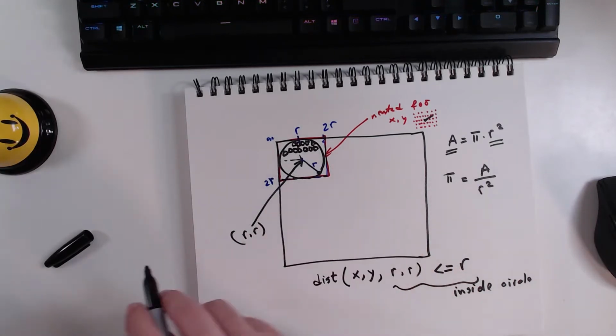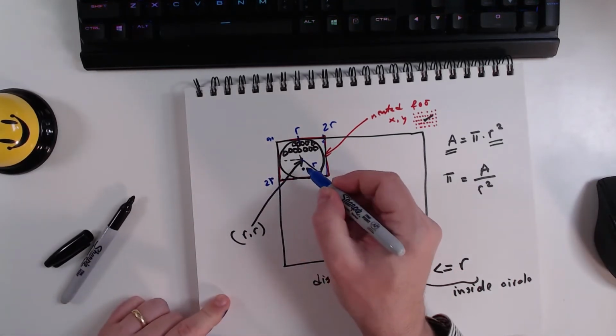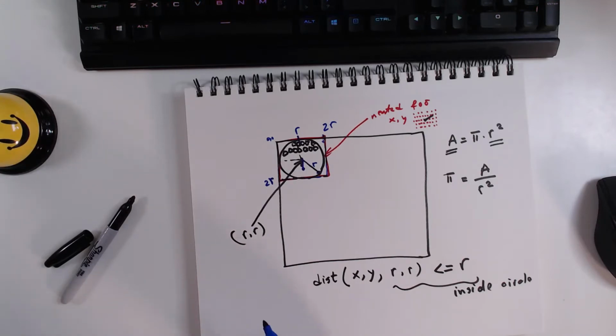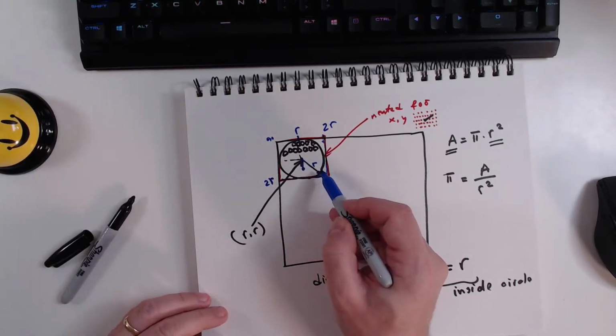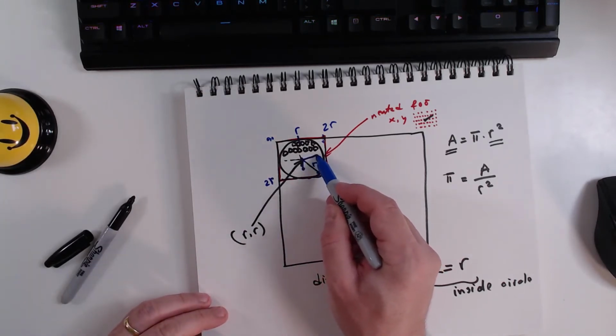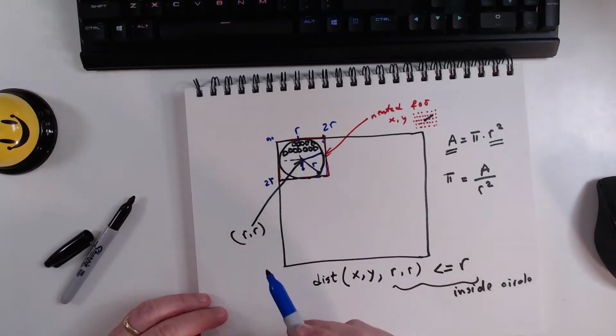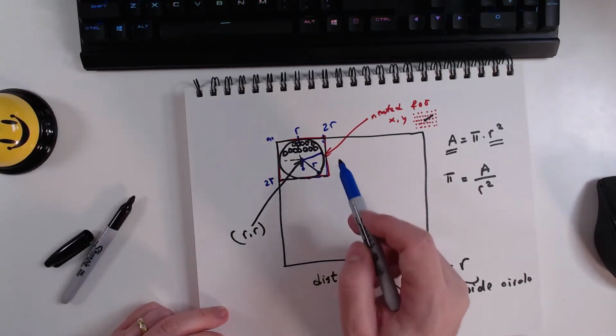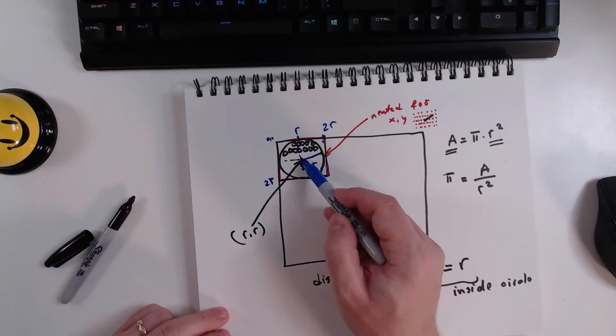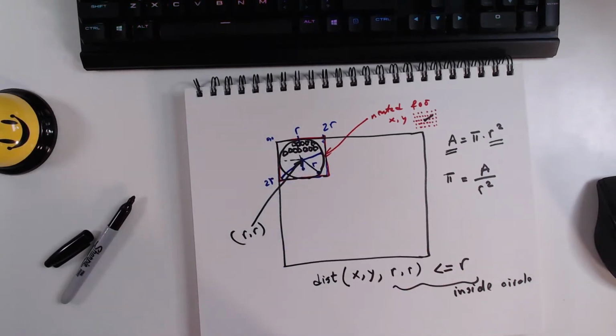Perhaps we should pick a pixel somewhere here. See? The distance from the center to this pixel is less than the radius. The maximum distance is when it's on the circle itself, and then that distance is the radius. Any pixel from outside, for instance from here, for sure the distance will be bigger than the radius.